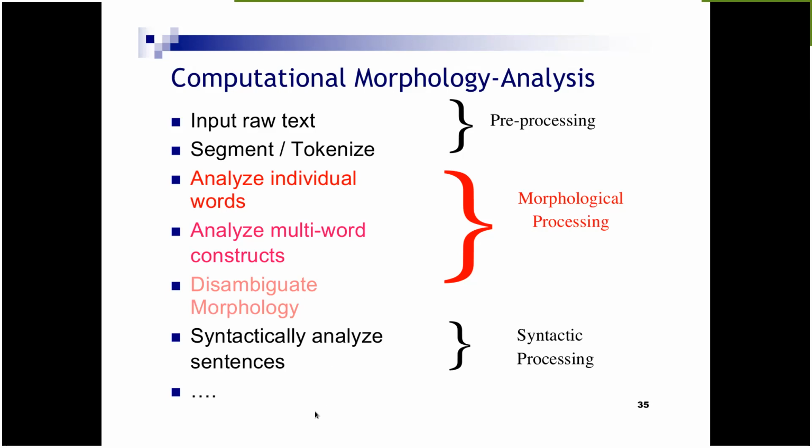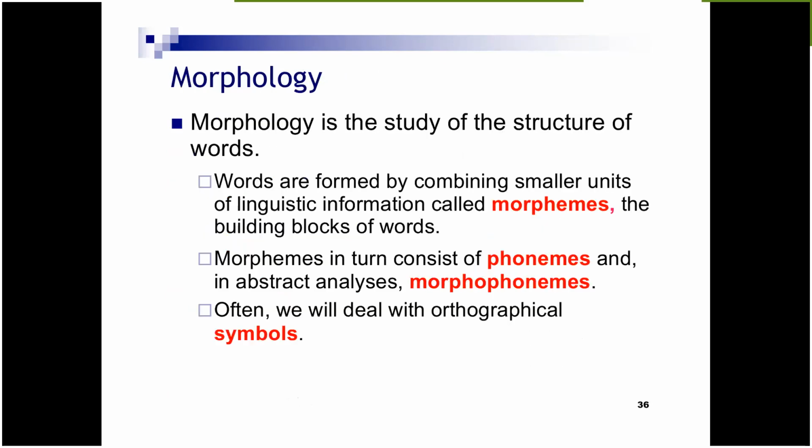And then you can go to other levels where, for example, if you're doing an application for information extraction, you can use the syntactical information, which is based on the morphological information, to do the high level task that you're doing.